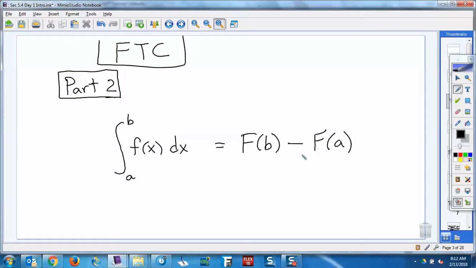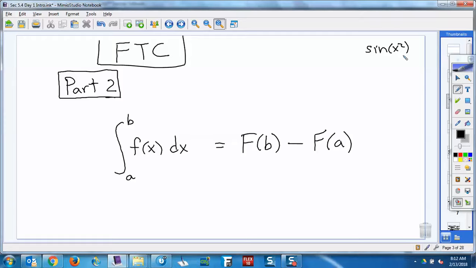As we'll come to learn, there are some functions, pretty simple ones, like this function right here, that have no antiderivative. And when I say no antiderivative, I mean no closed form equation antiderivative. There's clearly an area, though. If you graph that and look from 0 to 2, there would be an area.